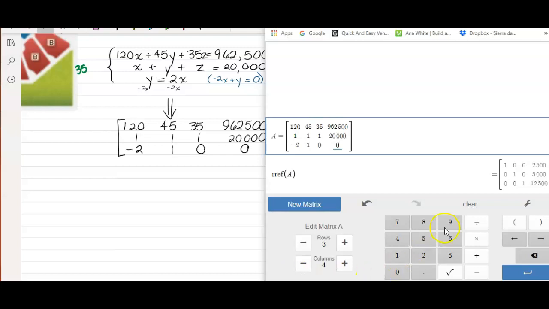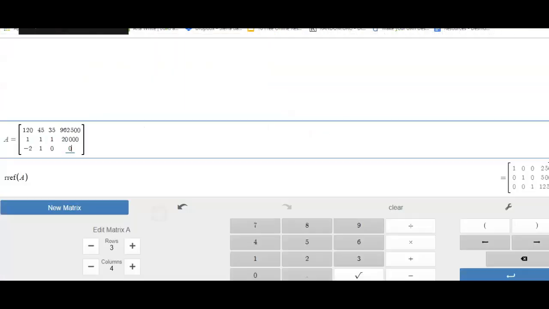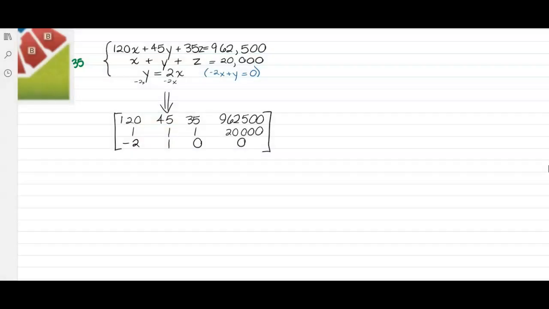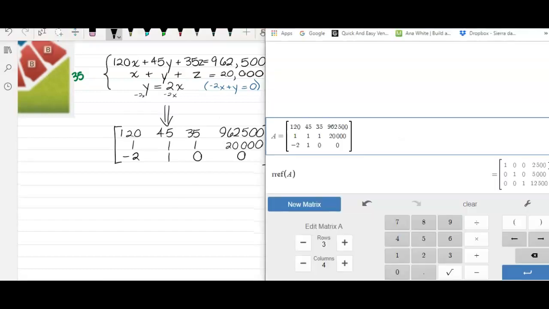All right, when I do that, here's my new matrix. 2,500, 5,000, 12,500. And that fast, I forgot what it was. Flip back, 12,500 lawn seats. Okay.